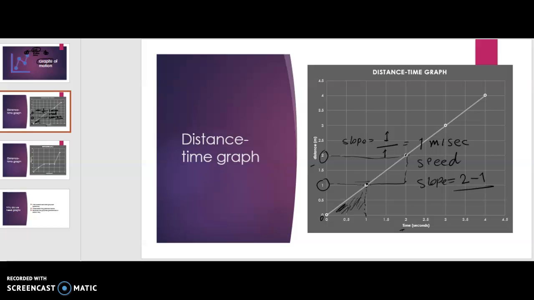To get the distance in this segment, it is 1 meter, over the time for this segment, which is 2 minus 1. So 1 meter over 1 second also gives us 1 meter per second.